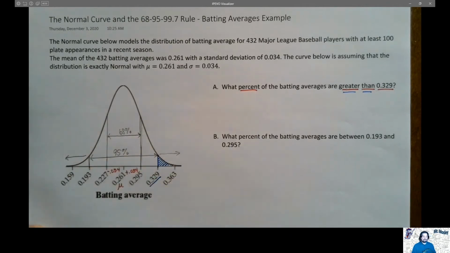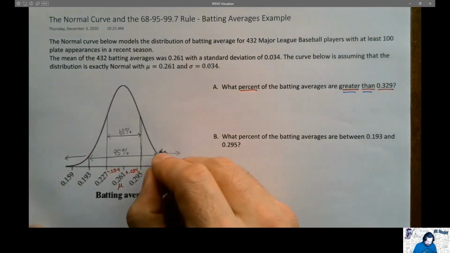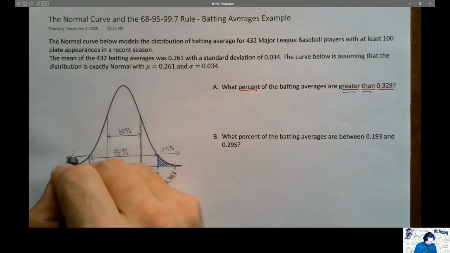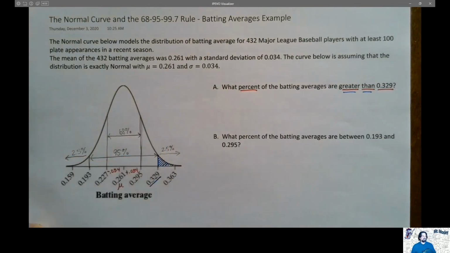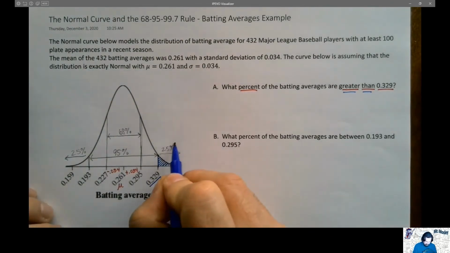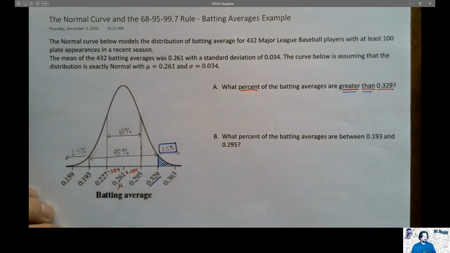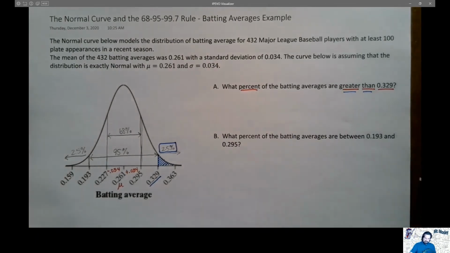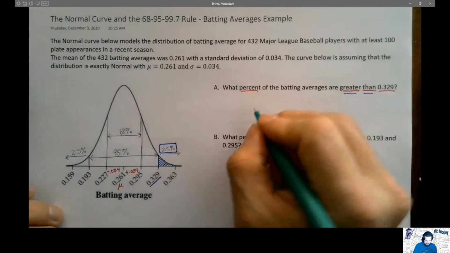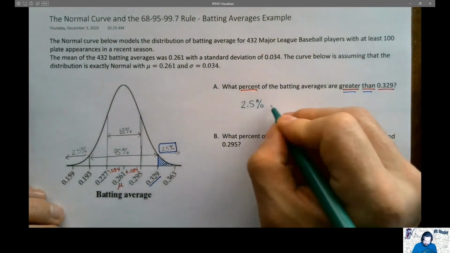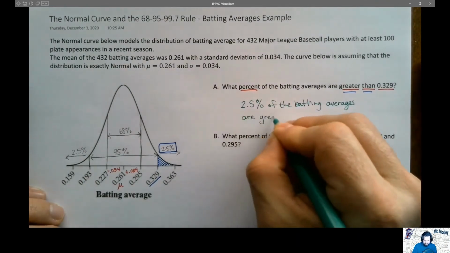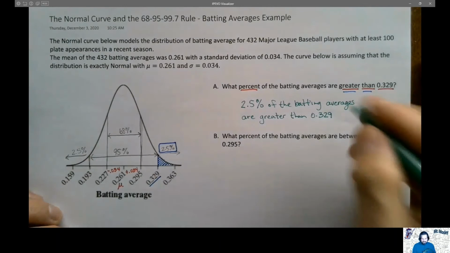There's 5% left between the two, but it's split evenly. So that means there's 2.5% here and 2.5% to the left. That's useful, because that's our answer. This represents 2.5% of the batting averages. So for part A, what percent of batting averages are greater than 0.329? Well, 2.5%. Excellent. So there we go.